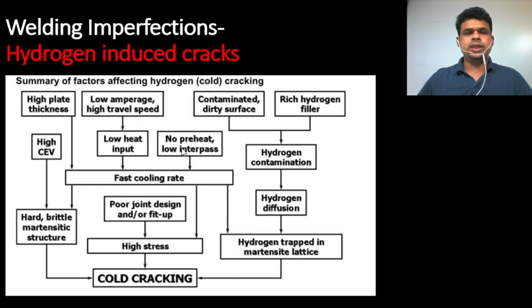If there is no preheat or low interpass, then there can be a fast cooling rate. Another thing is poor joint design and fit up. If joint design and fit up is poor, then there can be high stress, which can also cause cold cracking. If the carbon equivalent of the material is high, then also there can be cold cracking.